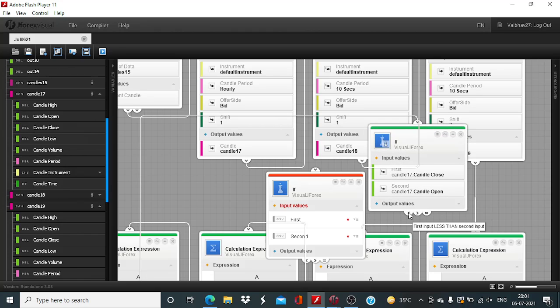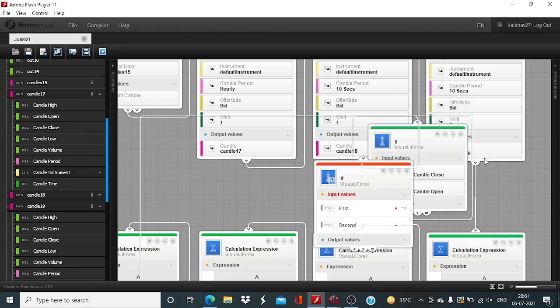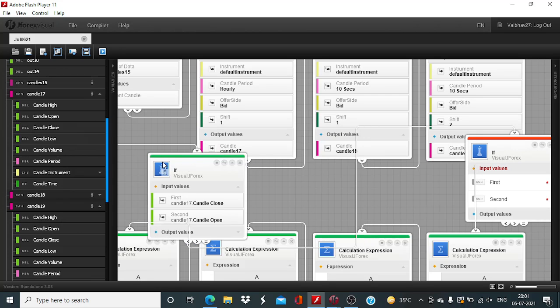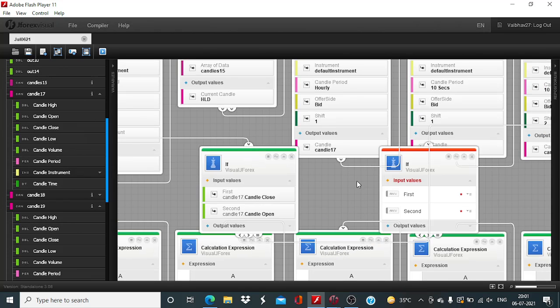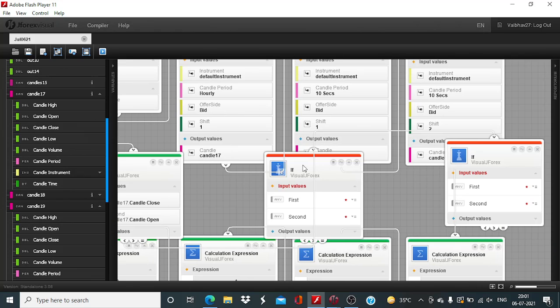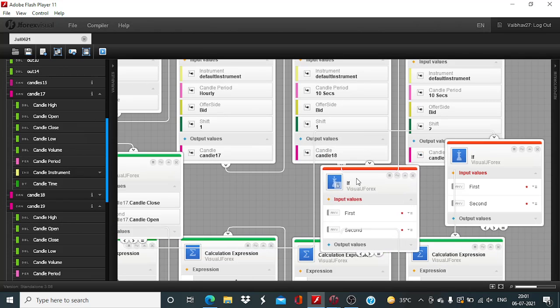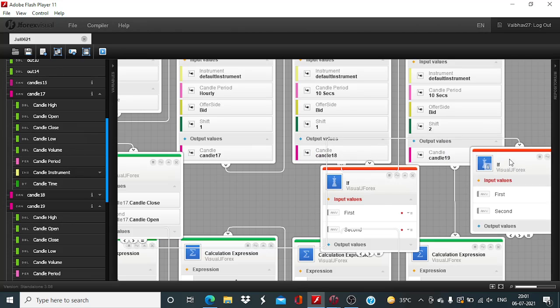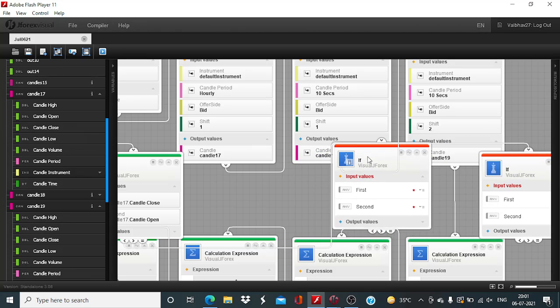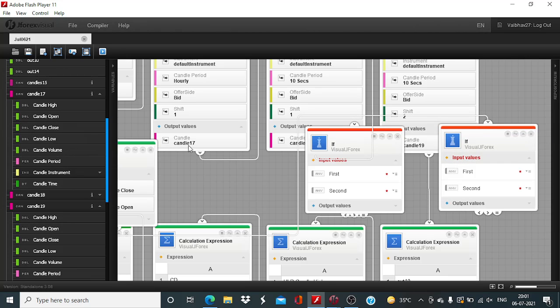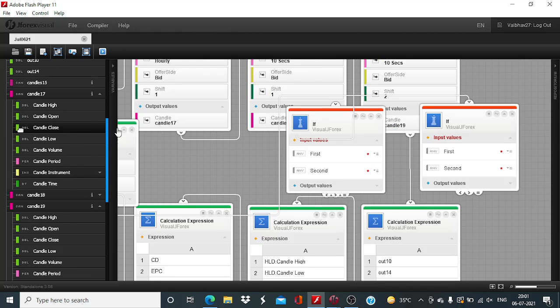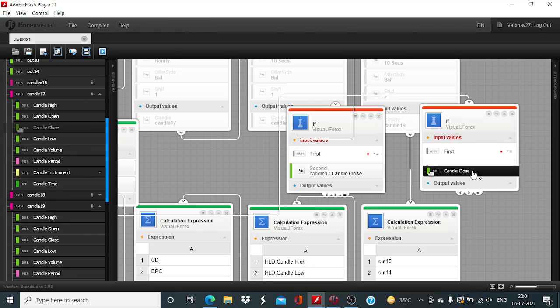First input less than second input, and after that the candle 18 close and candle 19 close will need to be compared with the candle 17 candle close. So this will be the common input in both of these blocks.